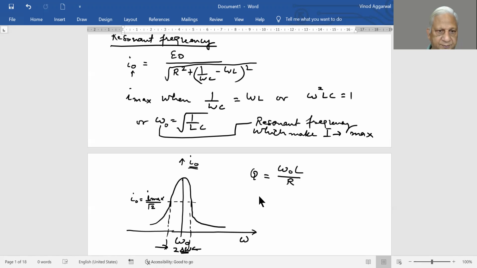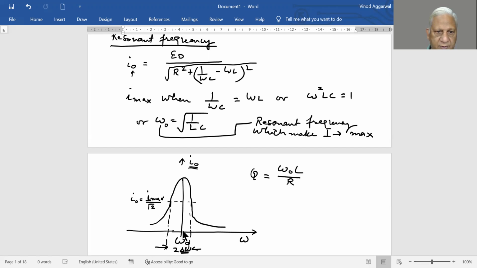I repeat, let's take a point on vertical scale, vertical axis, I naught, which is I max. This is I max by root 2. For this I, we will get two frequencies, this one and this one.